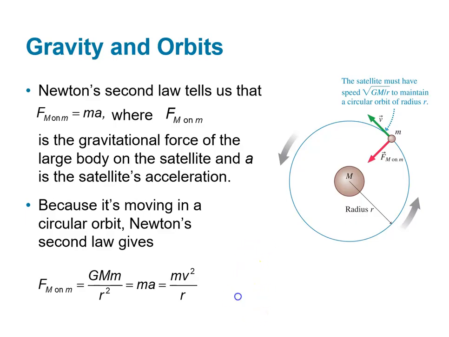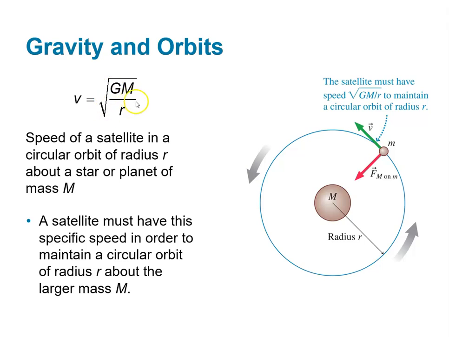So if you combine these two and you solve for velocity, we can then find that the velocity that a satellite needs to maintain a certain orbit around the surface of the Earth is the square root of G, the universal gravitation constant, times M, the mass of the Earth or whatever planet it might be orbiting around, divided by the radius.